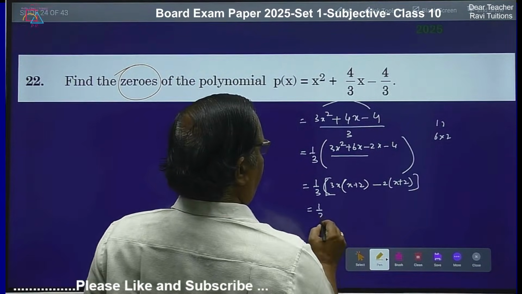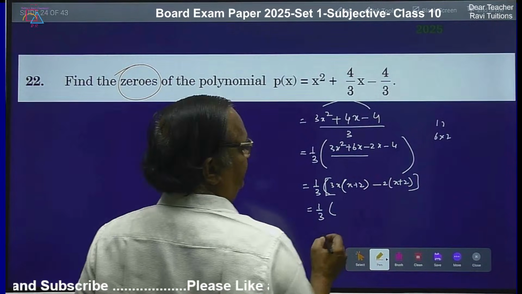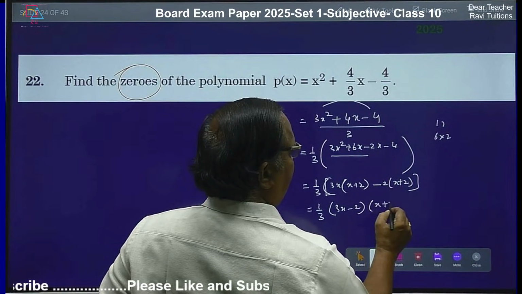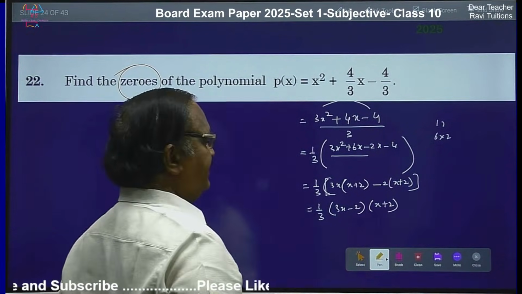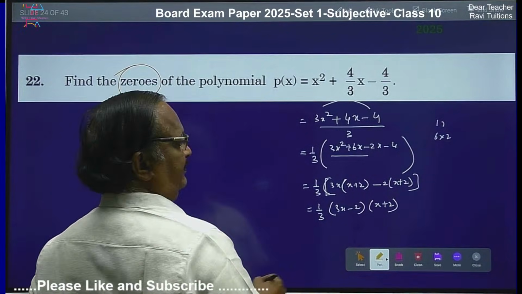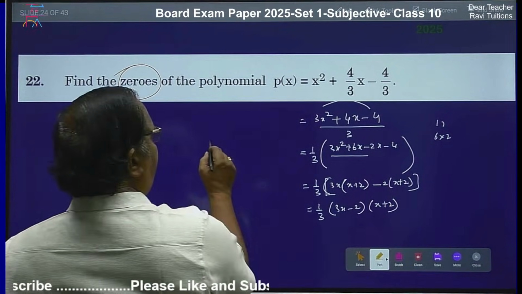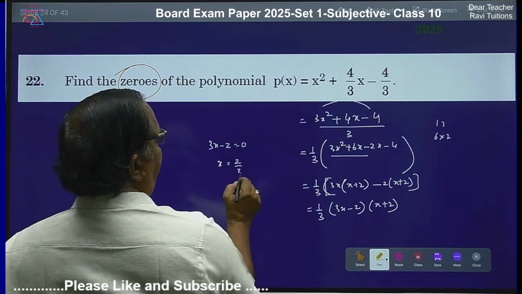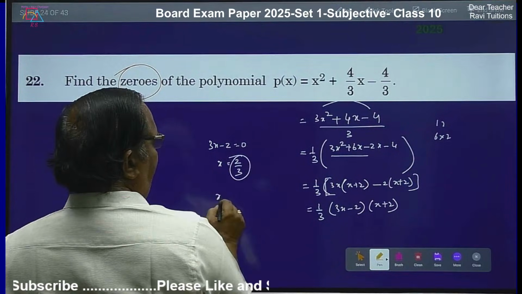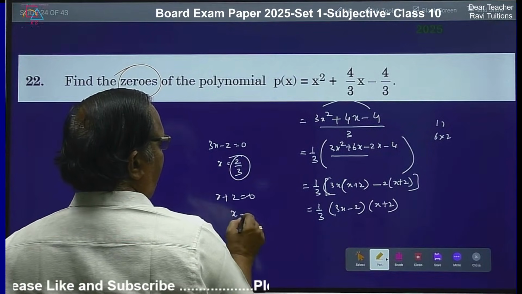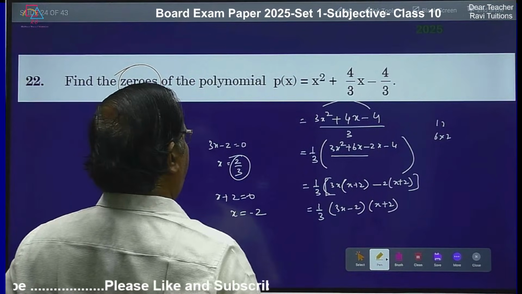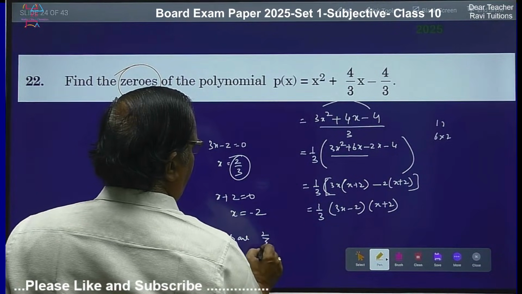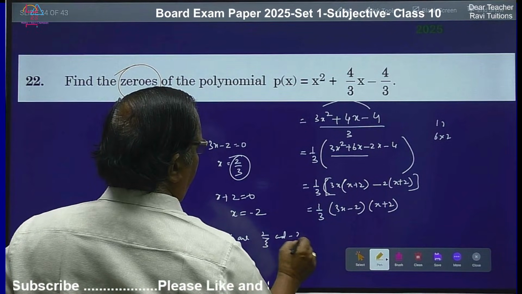So 1 by 3 into how much? 3x minus 2 into x plus 2. So now what are the zeros? 3x minus 2 is equal to 0, x is equal to 2 by 3. This is one zero. x plus 2 is equal to 0, x is equal to minus 2. So the zeros are 2 by 3 and minus 2.